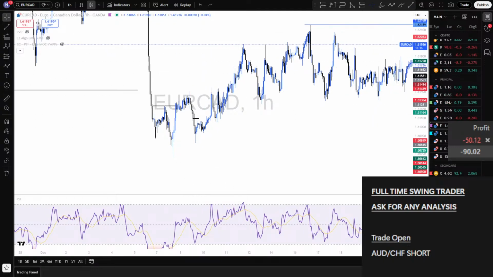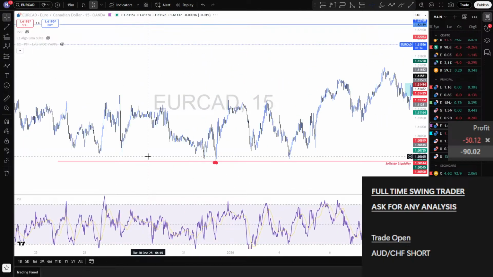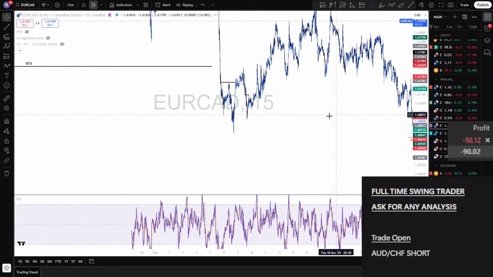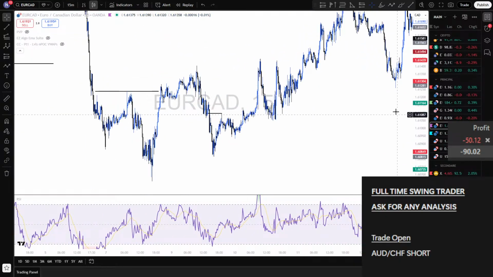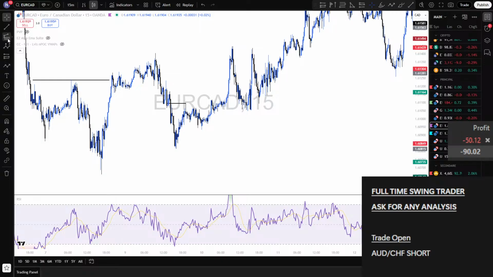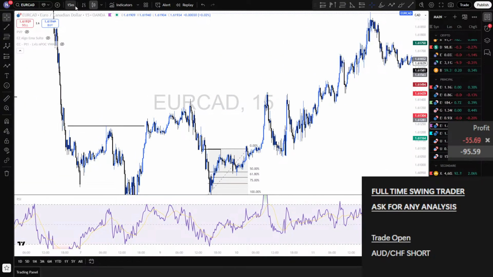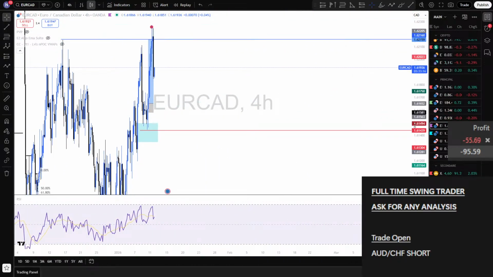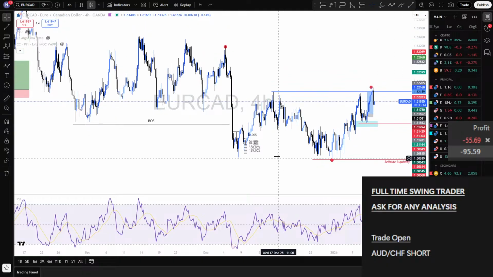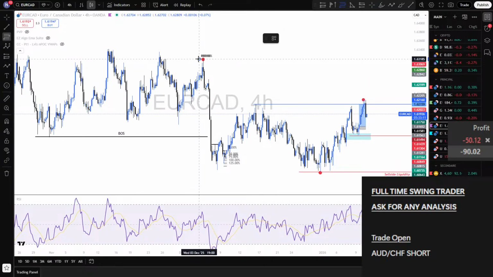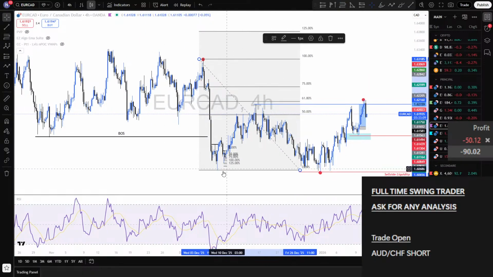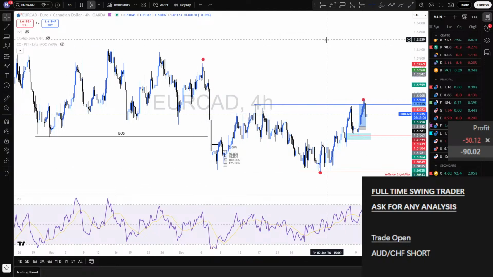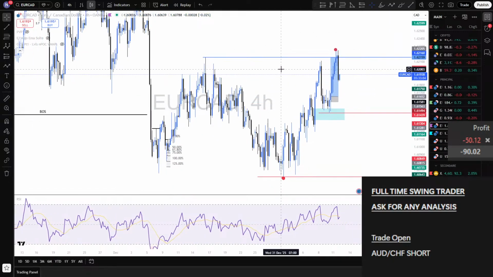He gave me my confirmation here, and then I took it on one pullback, like this. And in that case, I want him to correct a huge amount of the move in 4 hours, at least 50%. So you can always trade against the trend if you have all your confirmation.